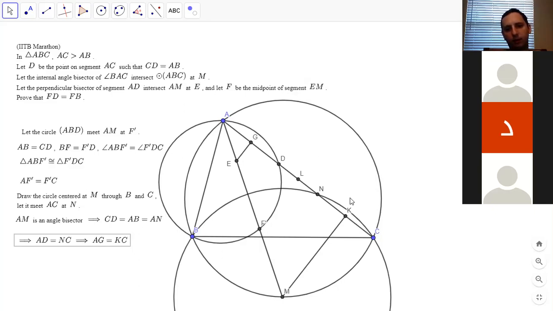Because then that means that FG is equal to FK.